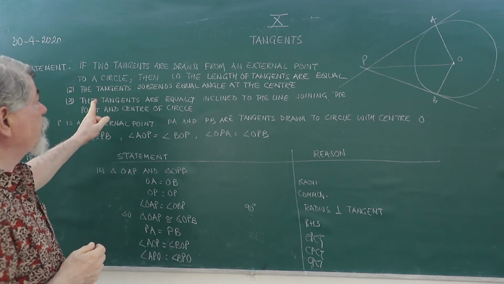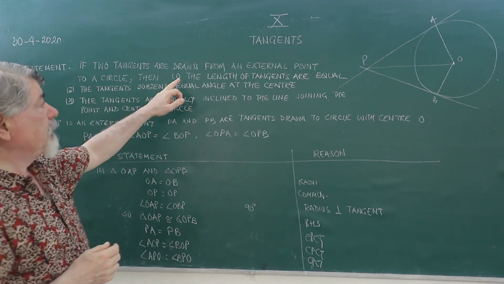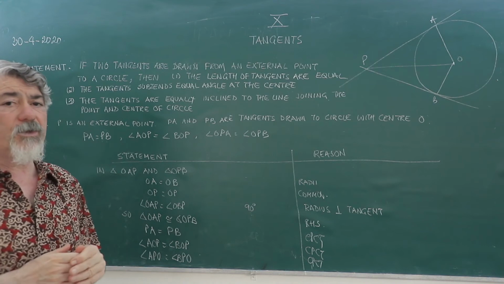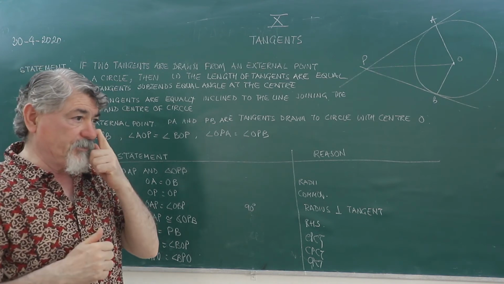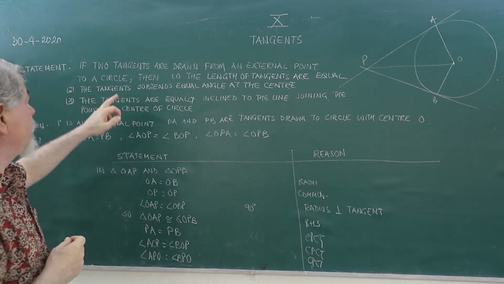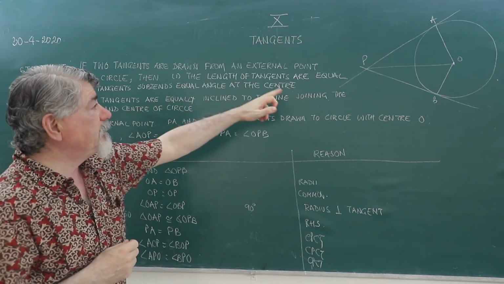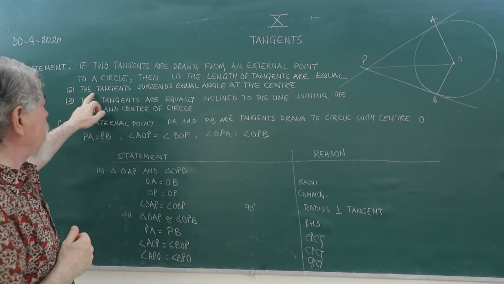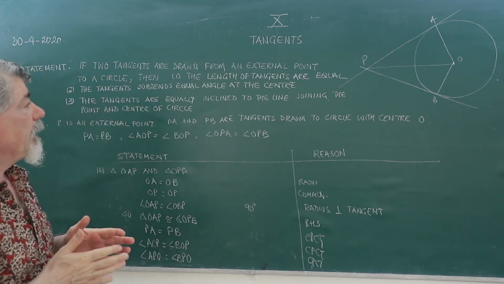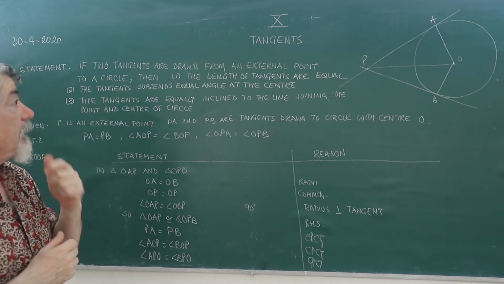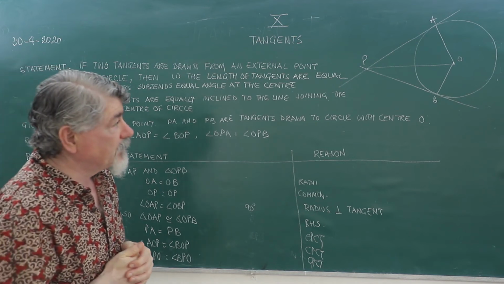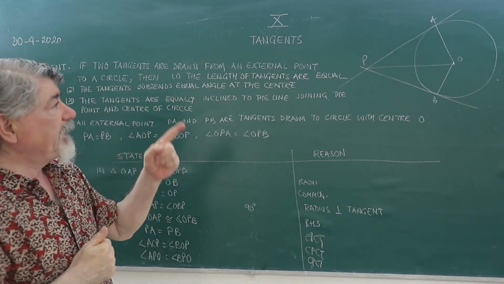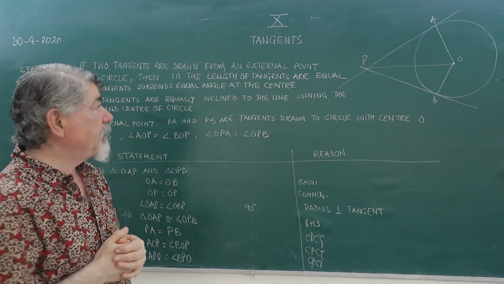We have to prove, number one, the lengths of tangents are equal. This is also an important property which we will be using many times. The lengths of the tangents are equal, that means PA is equal to PB. Number two, the tangents subtend equal angles at the center, means angle POA is equal to angle POB.